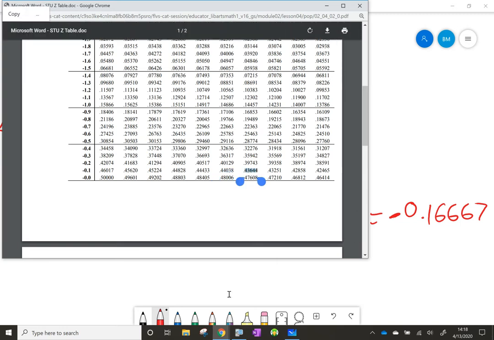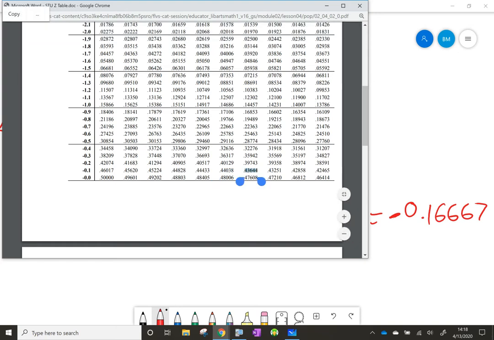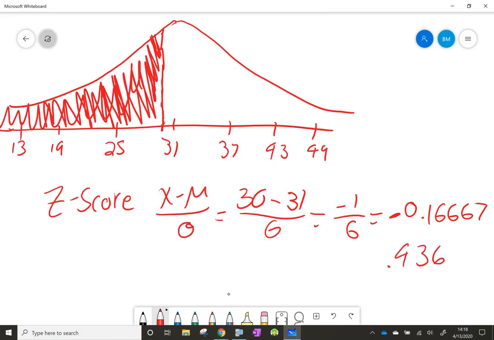So it's going to be somewhere between 0.44038 and 0.43644. So if we round, let's say it's closer to 0.43644, according to our z table.